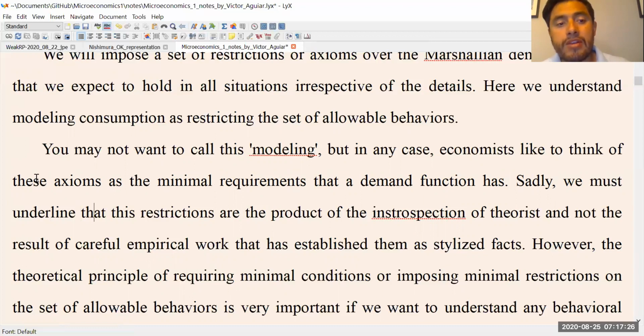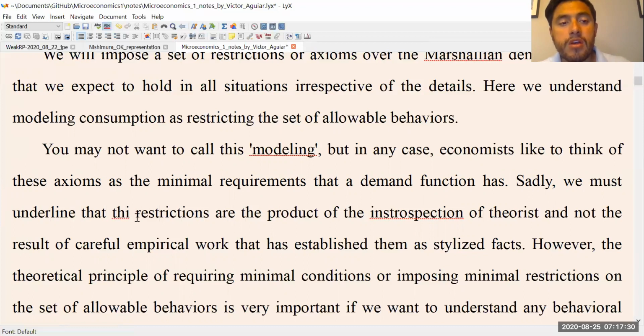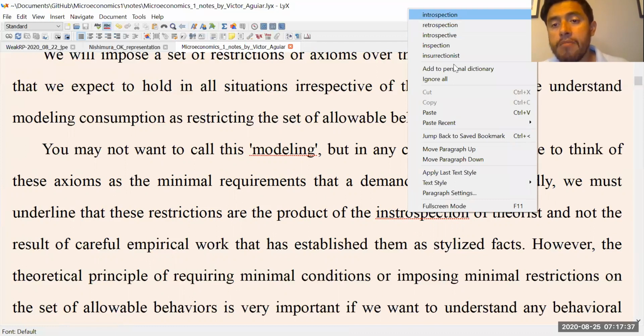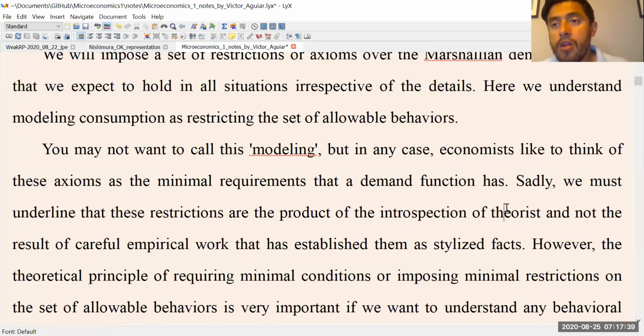Sadly, we must underline that these restrictions are pretty much the product of introspection. So how these restrictions or rules came to be? Well, basically they came through the mind of theorists. So economists, as well as other social scientists, are also the object of a study, right?